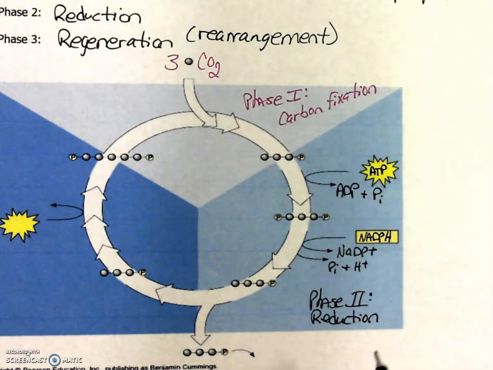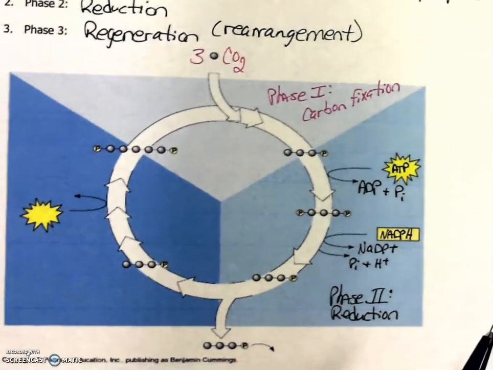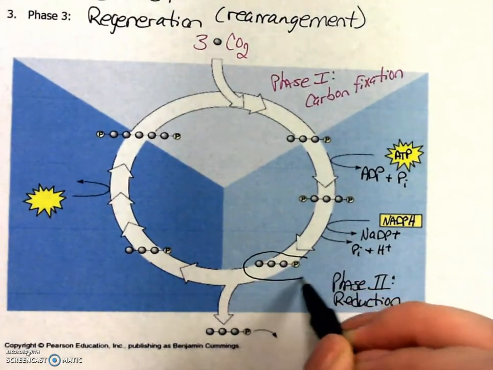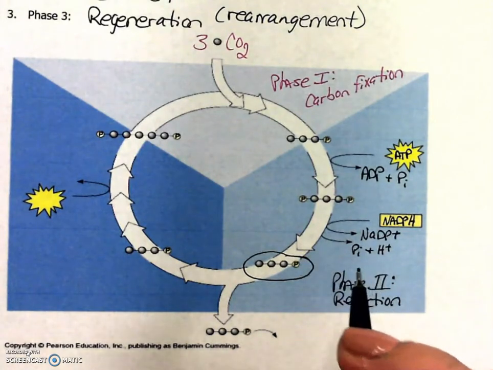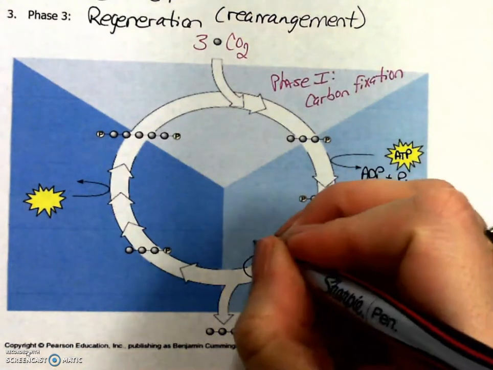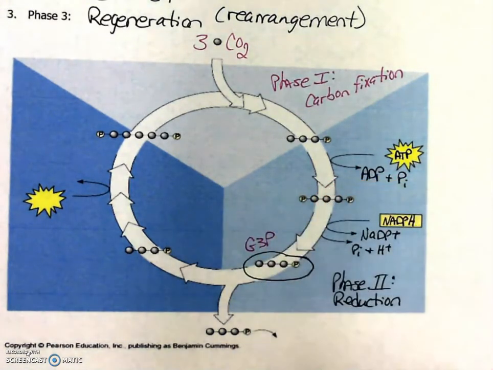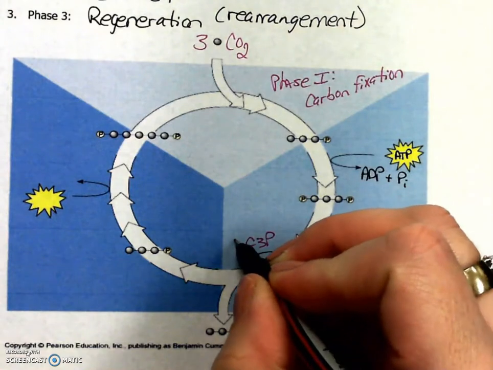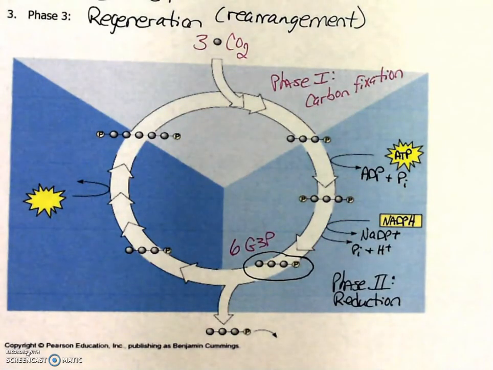As a result of phase 2, we get this molecule right here, which is the molecule that we are looking for at this point. This is our G3P molecule, our glyceraldehyde 3-phosphate. And there should be 6 of these by the time you get to this step in the phase 2 reduction stage.